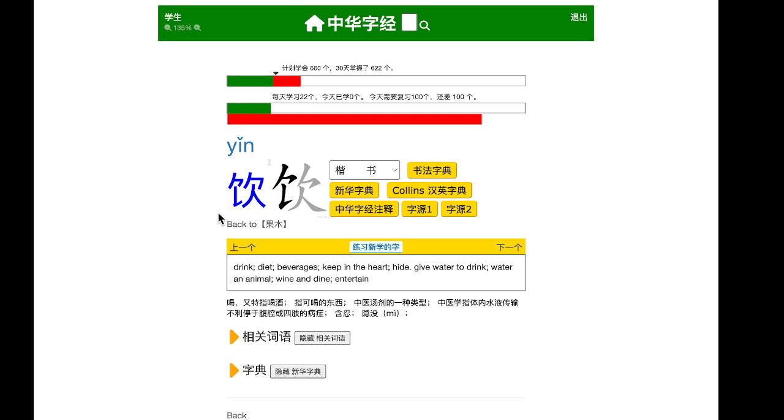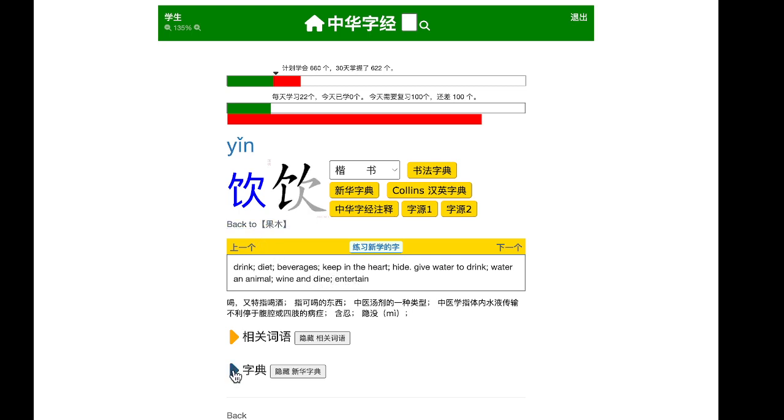饮 means drink or beverages. Diet in the sense of the foods and drinks that you intake. Or to keep in the heart or hide. In this context, we're talking about beverages. It can also mean give water to drink or water an animal, wine and dine or entertain.